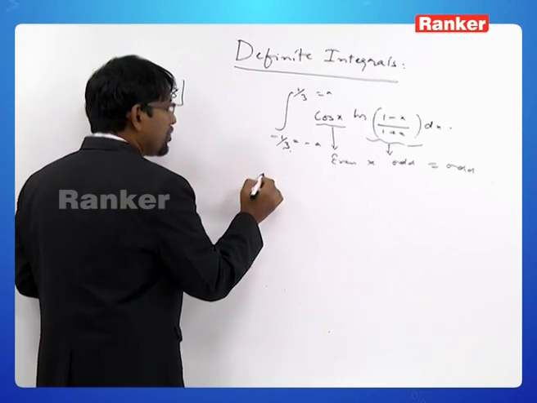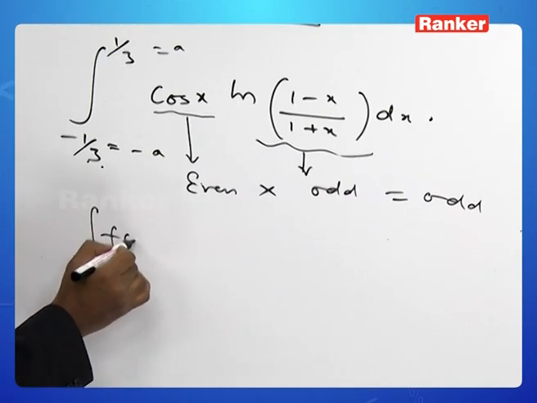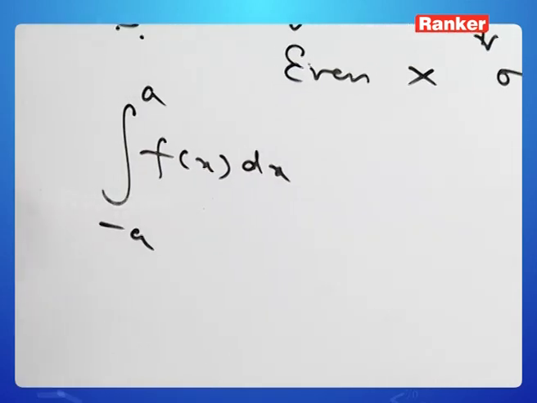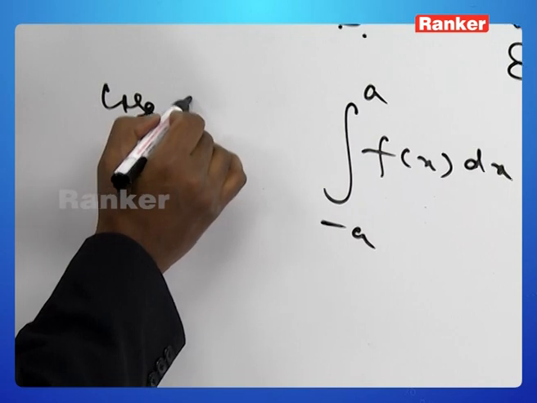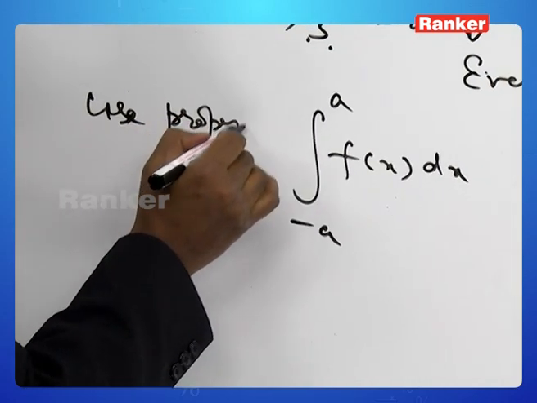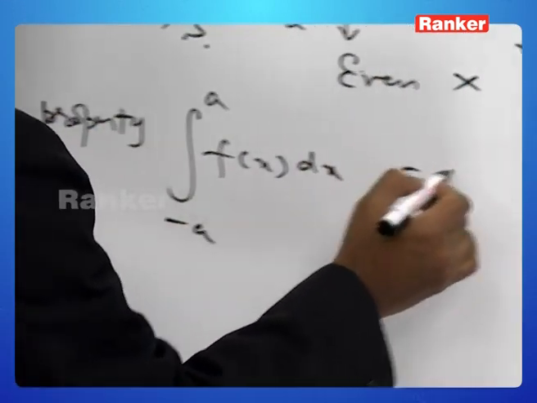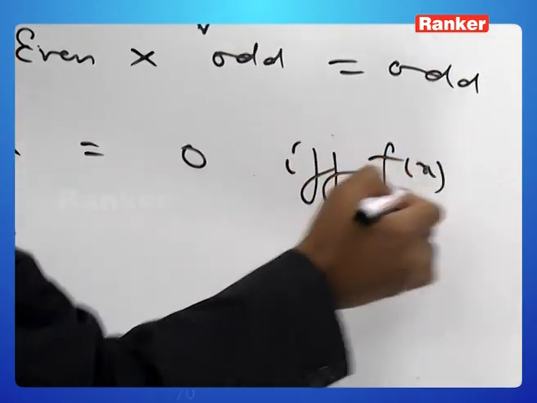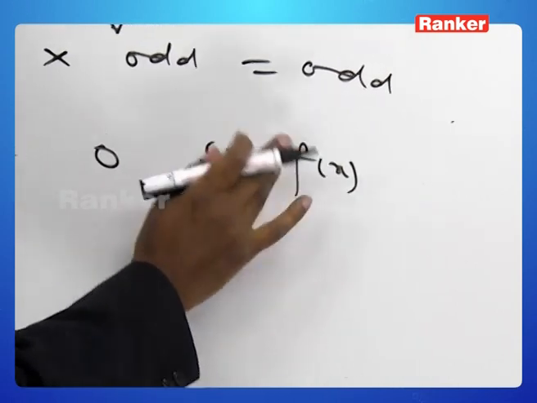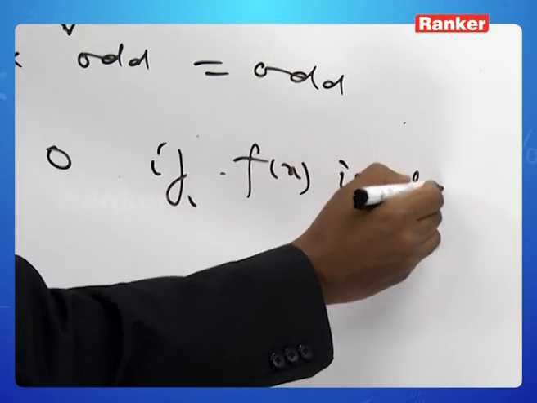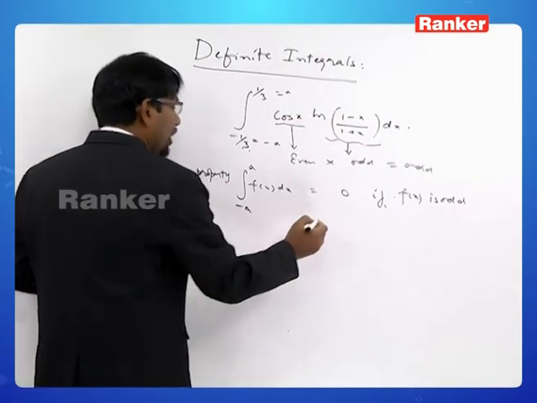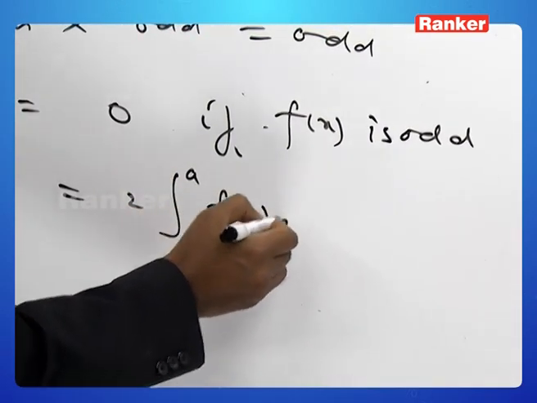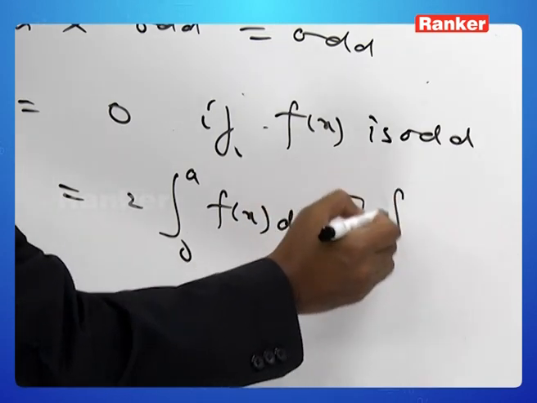The property is that the integral of f of x dx from minus a to a is 0 if f of x is odd, and it is 2 times the integral from 0 to a of f of x dx if f of x is even.